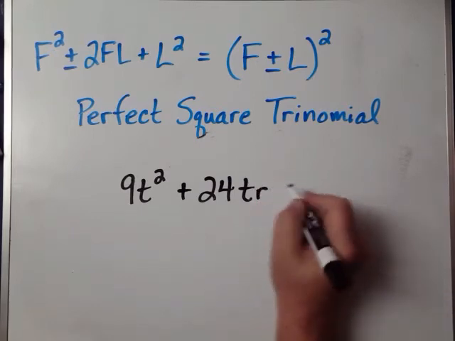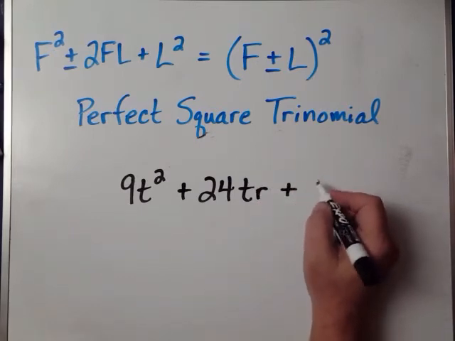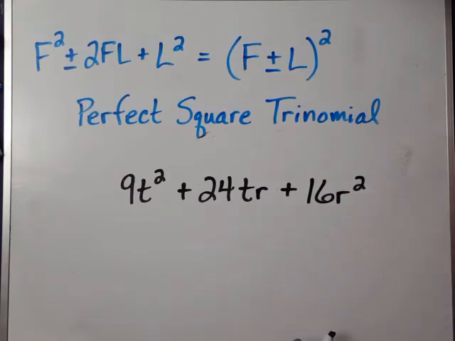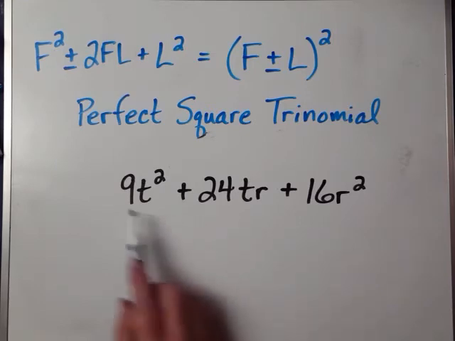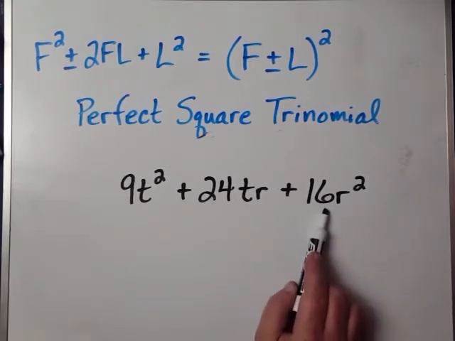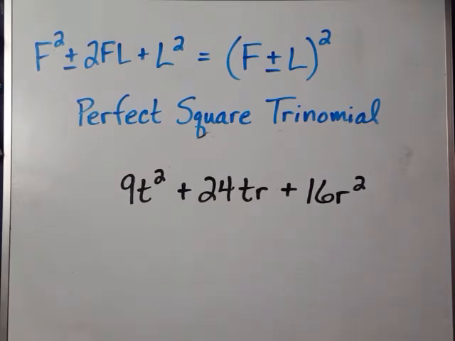Well, even before that, let me make sure I copy the problem correctly, right? Let's look for a greatest common factor among these three terms. Well, they don't have any letters in common, all three of them. What about the coefficients? Well, 9 is nothing but 3 times 3. 3 won't go into 16. So no, there's no greatest common factor to factor out.